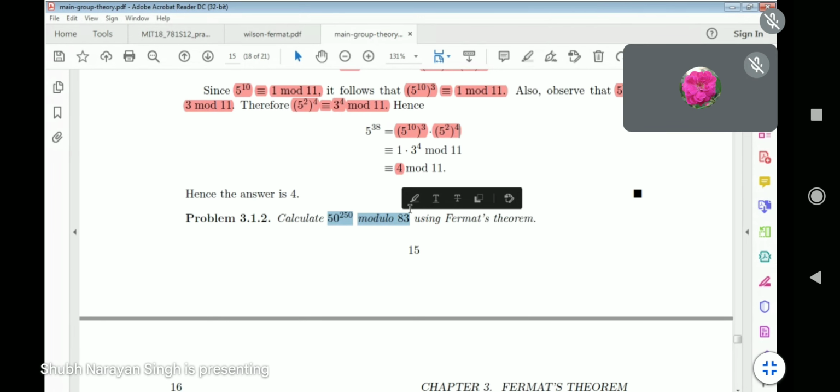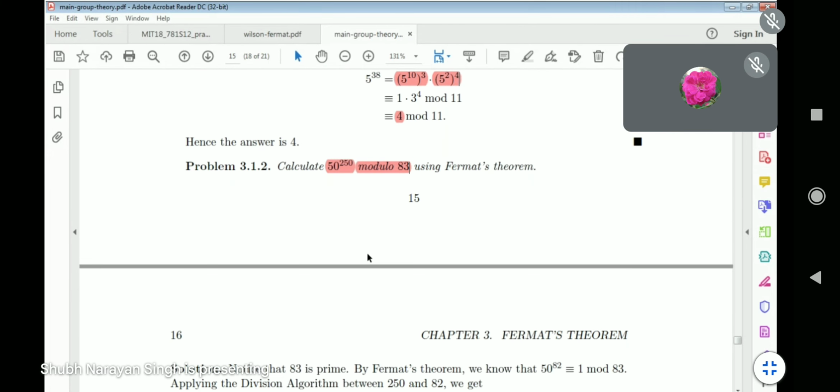That means, what is the remainder when 50^250 is divided by 83? This is the short way to write the term remainder using your Fermat's theorem. So here I also did some computation, and you can easily see that Fermat's theorem reduces your computation to some extent, not completely, to some extent.